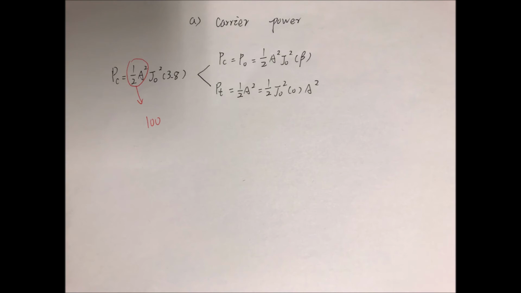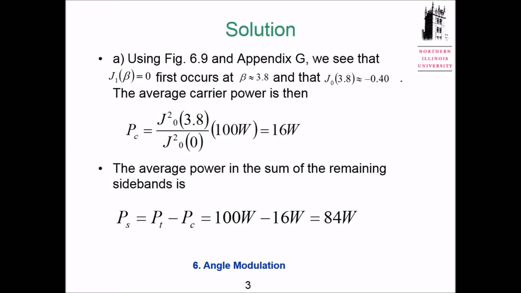The total power is 100, from the textbook, from the condition. So PC will be 100 times J0(3.8) squared. And J0(3.8) from the table is around minus 0.4. So my carrier power is 16.